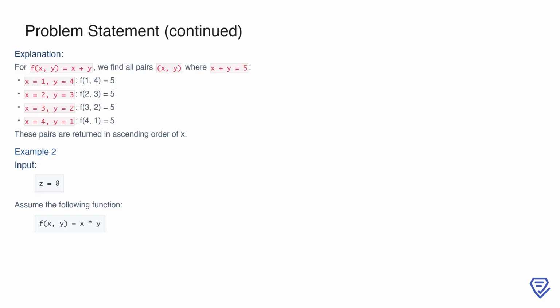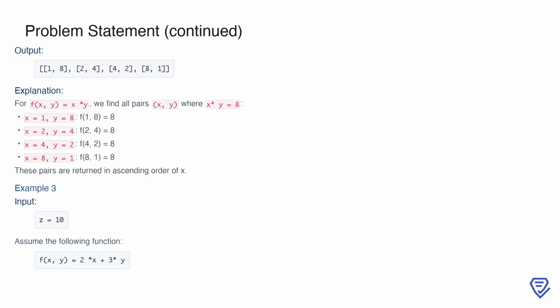Now, let's look at another example with a different function. In the second example, the target value is z equals 8, and the function is defined as f(x, y) equals x times y, which calculates the product of x and y. To find all valid pairs, we determine combinations where the product equals 8.